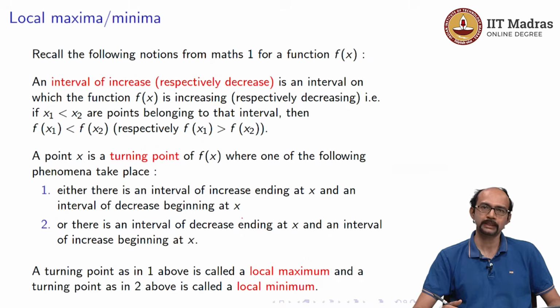That is because there is some interval you can build on which this point is where the maximum value of the function is attained. A local minimum is where phenomenon 2 occurs: first you have an interval of decrease and then an interval of increase. So the function decreases to x and then increases from x onwards.